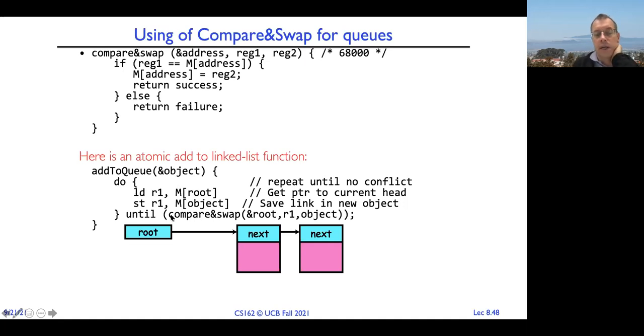Okay. And in the condition to exit from this loop, you compare and swap R1 and object. Right? Object is the object identifier. R1, you can see, is a root address. So it's the original root, right?